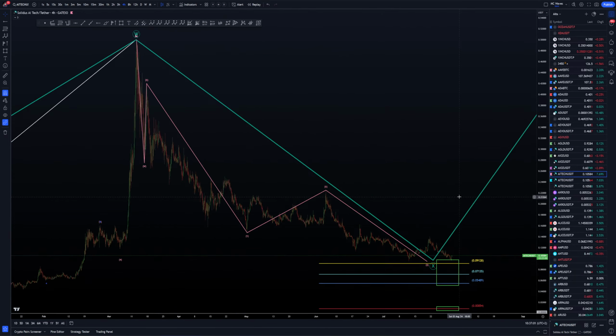The last update was on the 22nd, Monday. So it was there, well, not much to update to be honest with you on this. I'm waiting at least for this zone here to be touched personally on this.